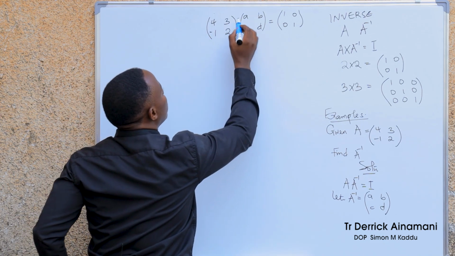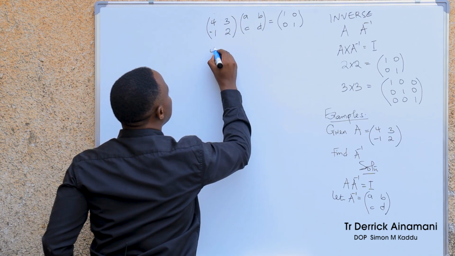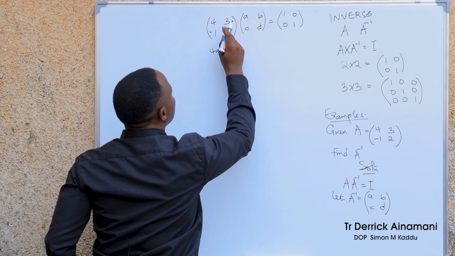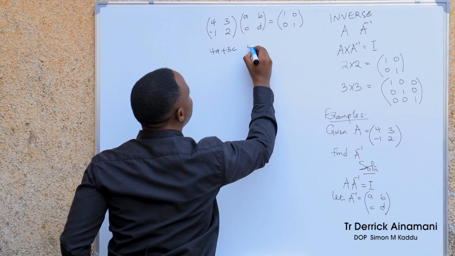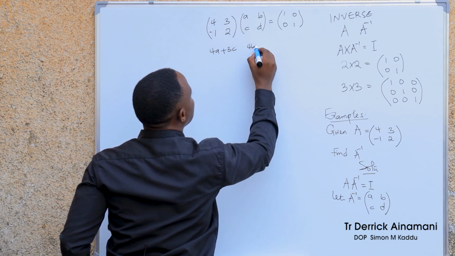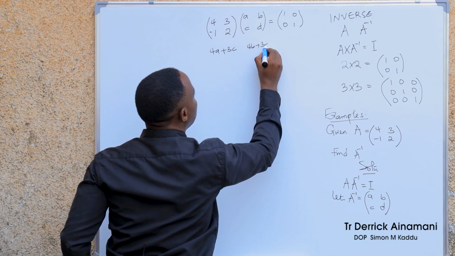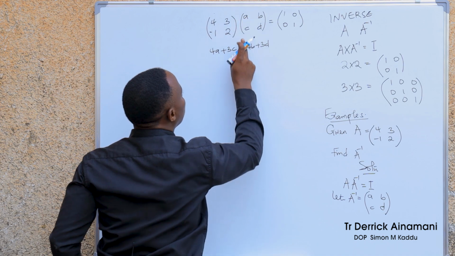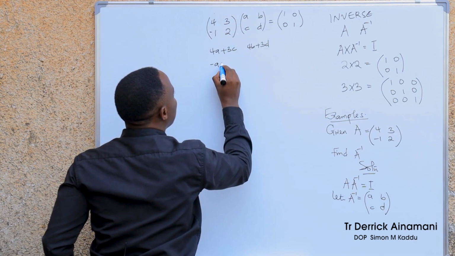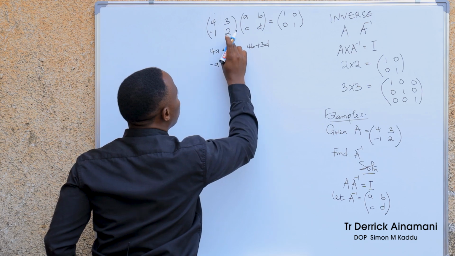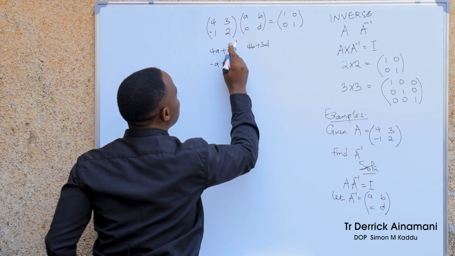This would be 4 times A, which is 4A, plus 3 times C, which is 3C. This would be 4B plus 3D. I'm just multiplying row by column. Here it would be negative A plus row 2C.